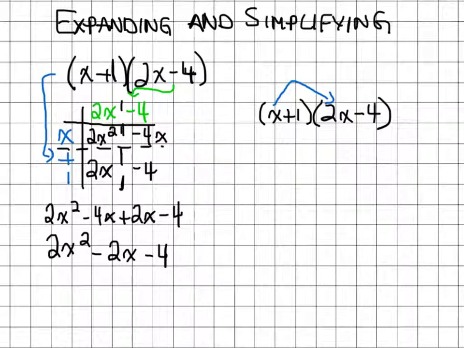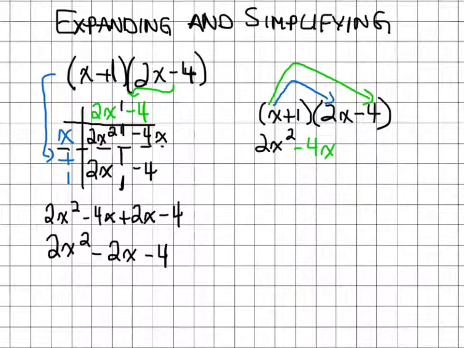So that gives me 2x squared. Then I take the outside and multiply those together. Actually, I'm going to keep the same color, so that's minus 4x.